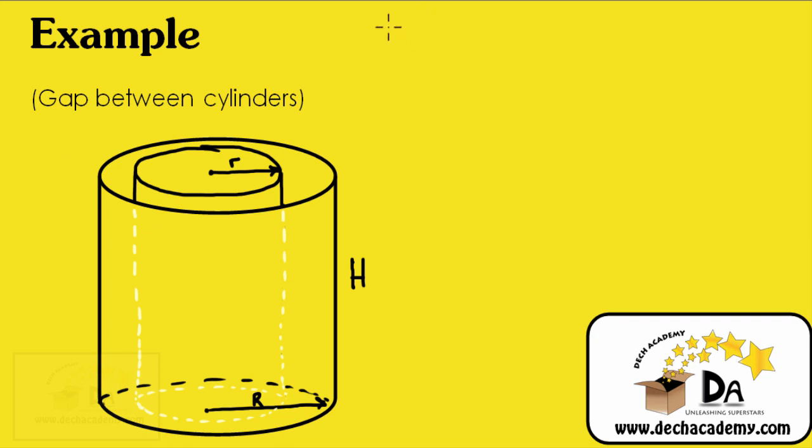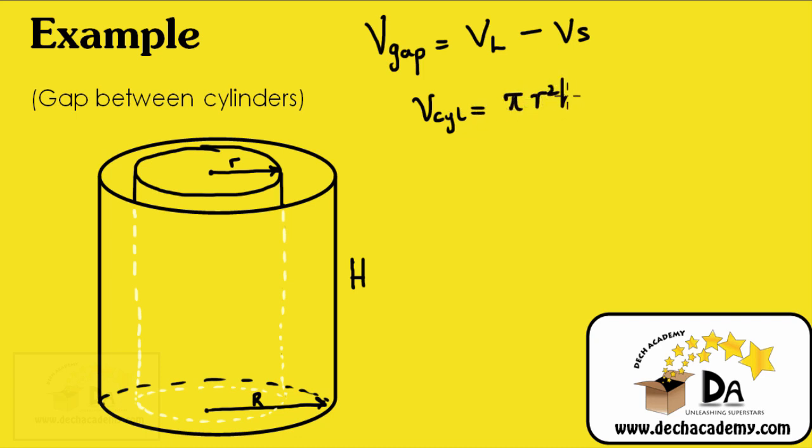Well, the volume of that region, so the volume of the gap, is equal to the volume of the larger cylinder, which I'll call cylinder L, larger, minus the volume of the smaller cylinder. Now the volume of a cylinder is equal to pi radius squared times height.